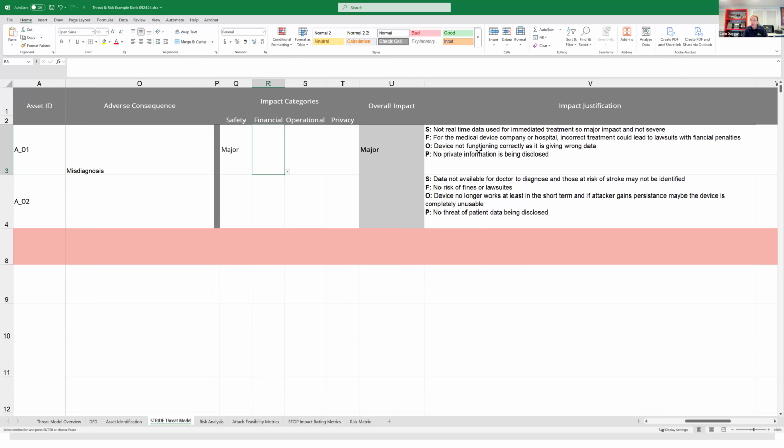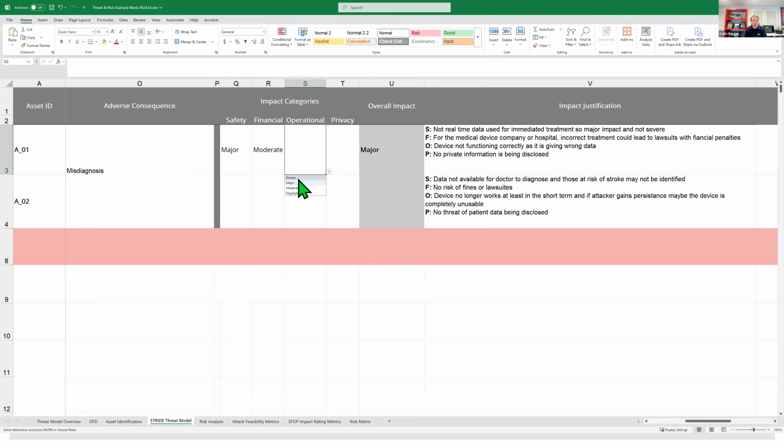Is there possibility for incorrect treatments leading to some kind of financial penalties, probably through a lawsuit? We try to consider that, because those are risks that you want to mitigate with security controls if they are identified. And so in this case, we gave it a moderate, one above the lowest rating. Again, the non-real-time nature of the acquisition of the data, I think, mitigates that.